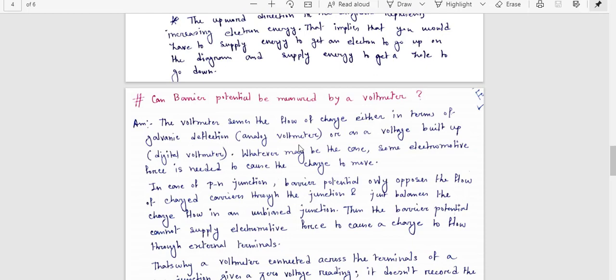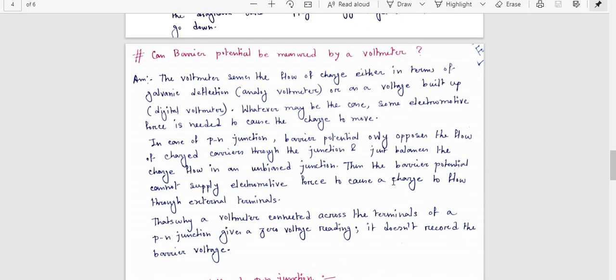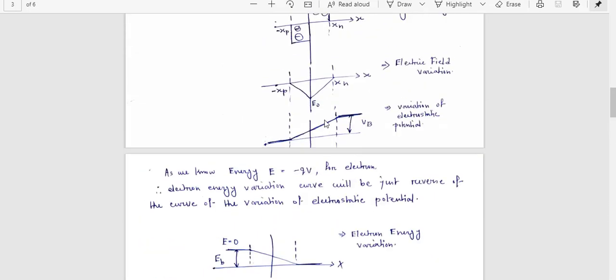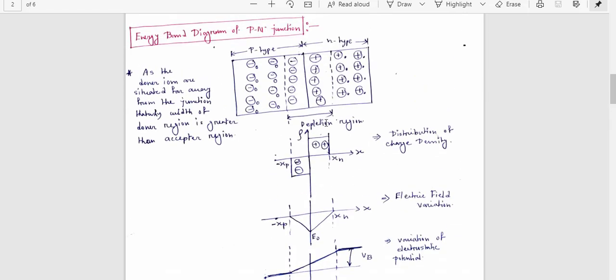Can you measure this by using a voltmeter? No, your answer is no. Actually here when you connect a multimeter or voltmeter across this PN junction, your multimeter reading will be 0. That means you cannot measure this voltage.